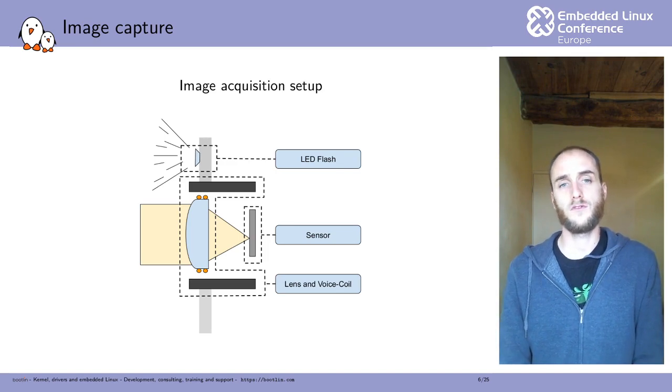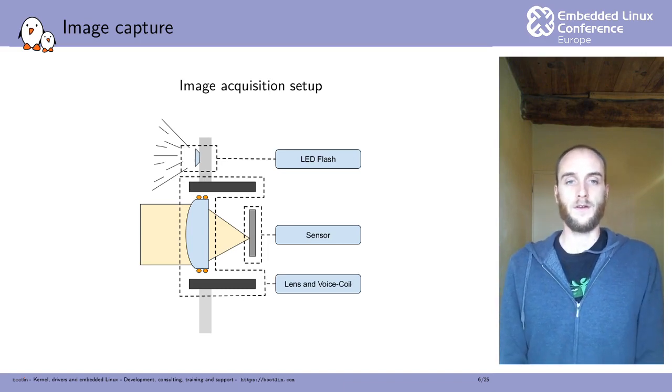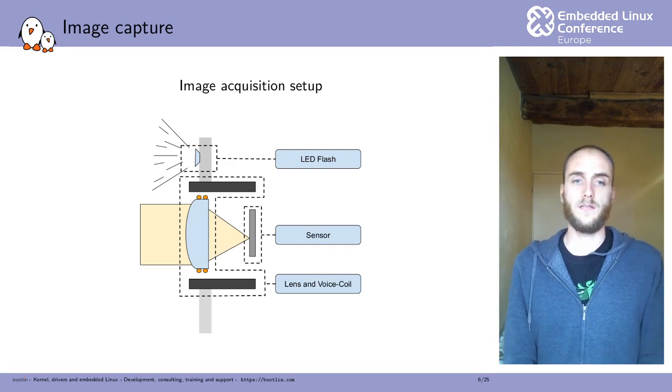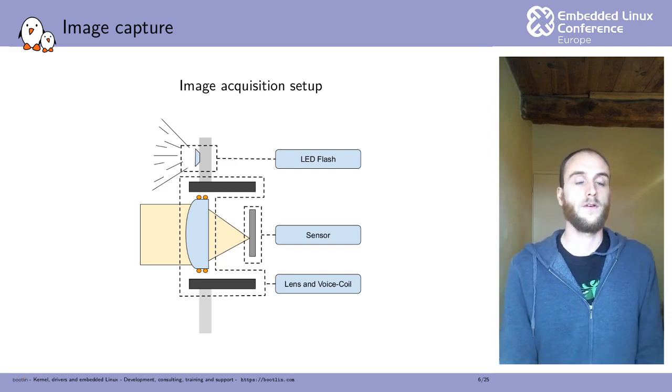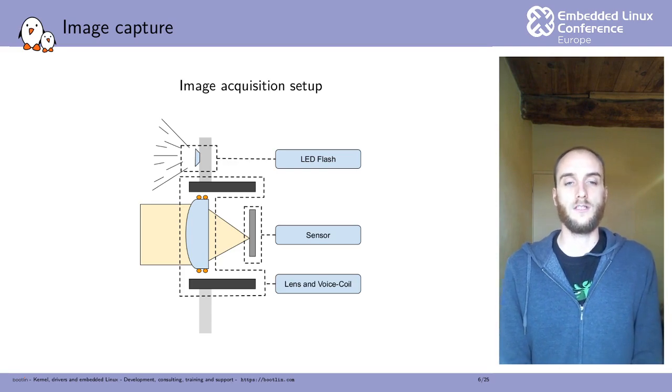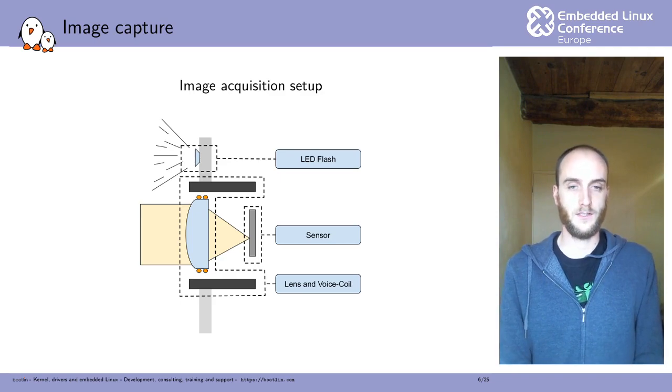On smartphones you will find almost all of the time a powerful LED that is very bright and that serves this purpose. Next you will need some optical elements, so this is here represented by the lens and the voice coil. So this is a way to deal with the focusing of the incoming light beams. And then you have the sensor itself, which is doing the optical to electrical conversion.